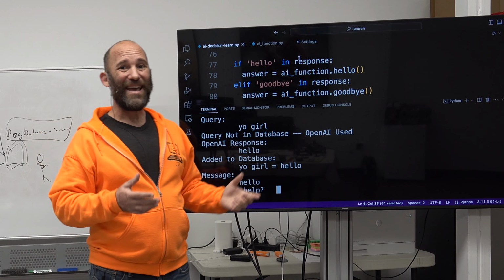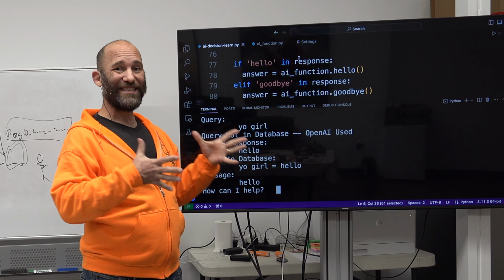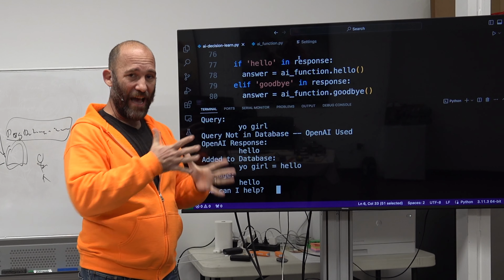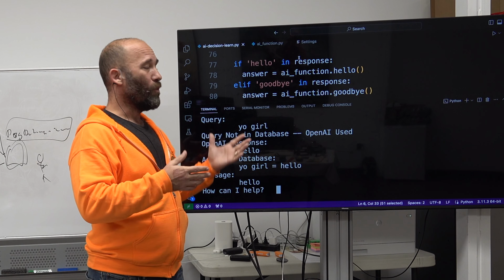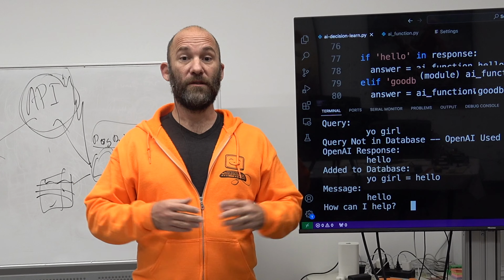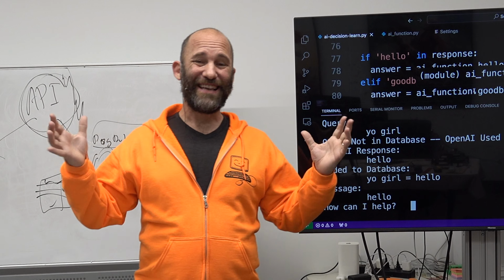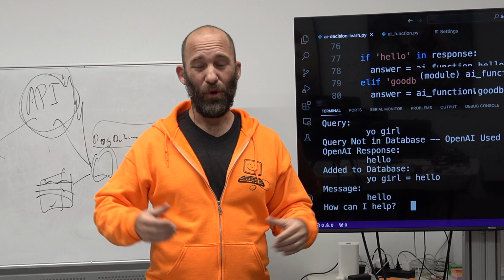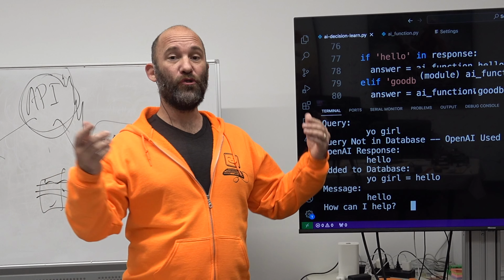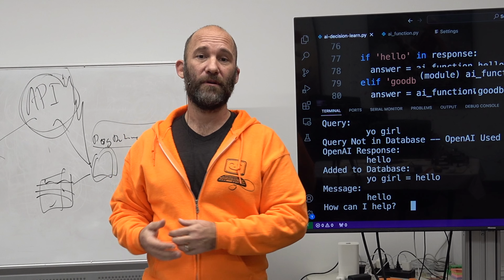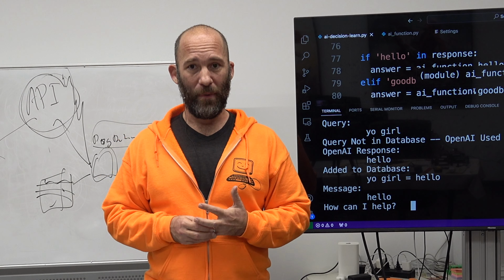So that's a basic idea how this system works and how this caching operates with a script like this. So there you go. There's how you can use caching with SQLite to train your own computer system using OpenAI.